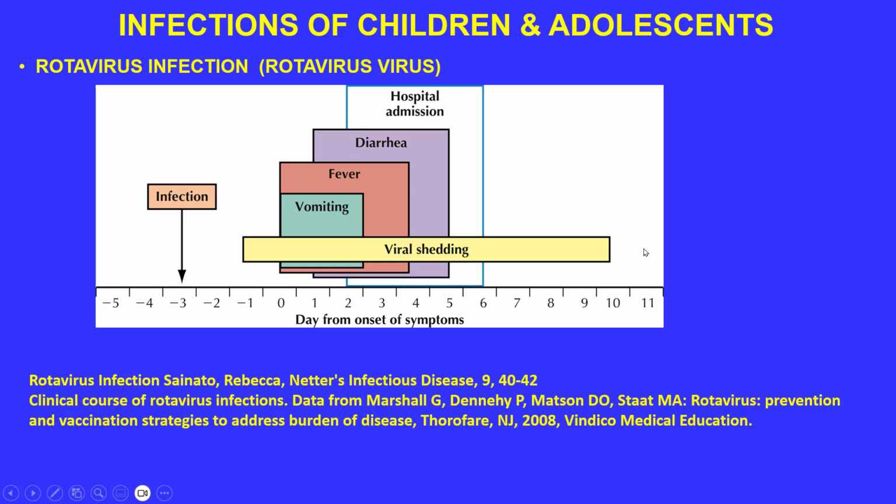So this is something of importance in places like schools, daycare, places where there are a lot of kids all at the same time, because it may be a few days before they actually show up with the vomiting, the fever, the diarrhea, and in some cases, hospital admission.